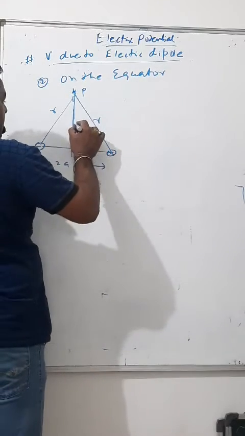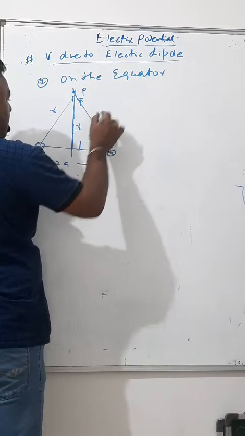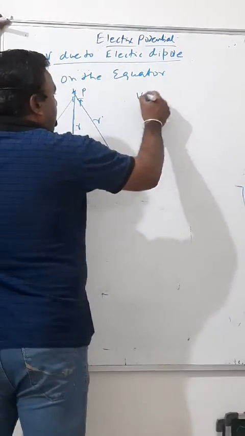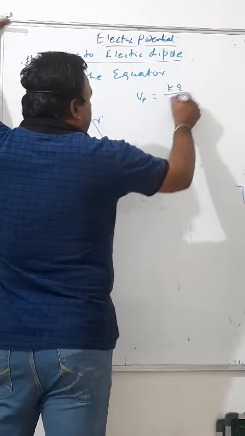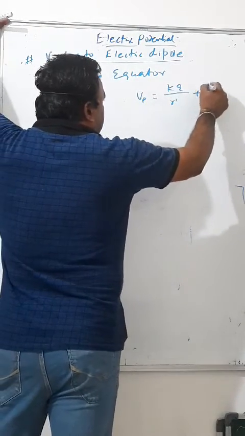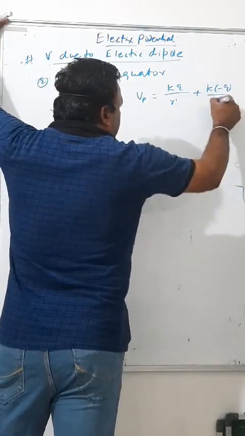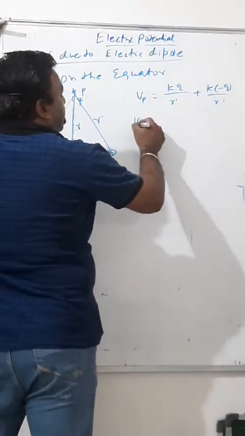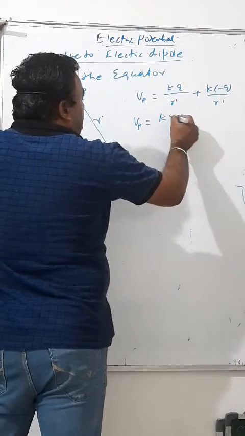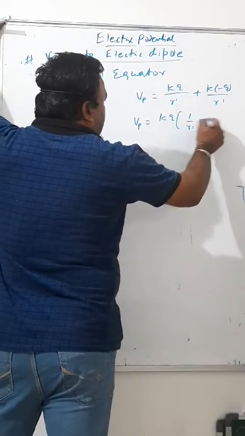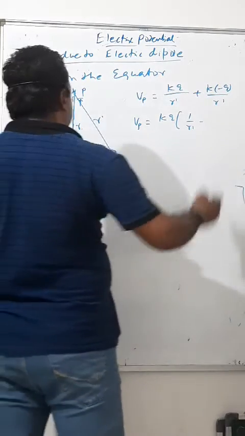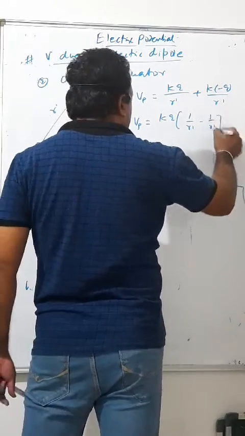And this is R and this is R dash. Then at point P, Vp is equal to Kq by R dash plus K minus Q by R dash. This same Vp is Kq, 1 by R dash minus 1 by R dash.